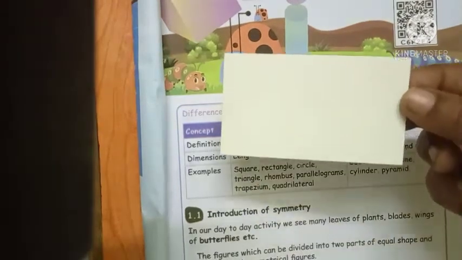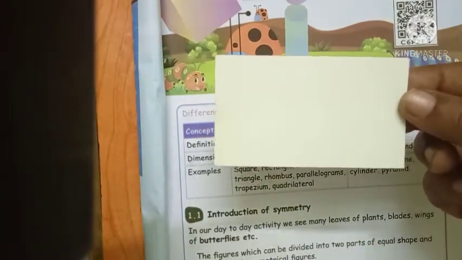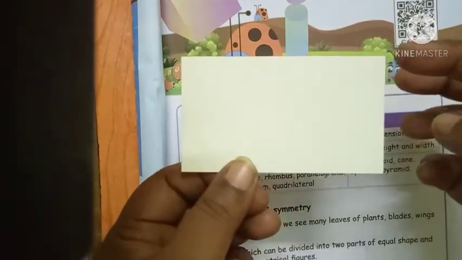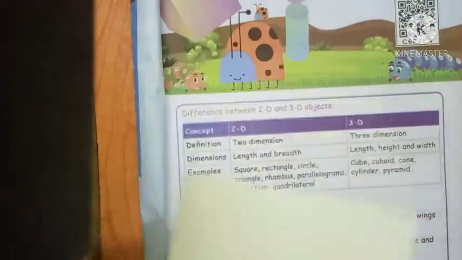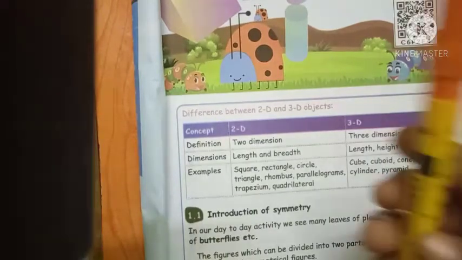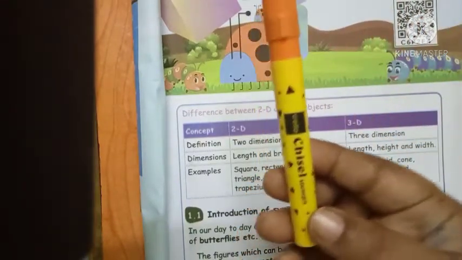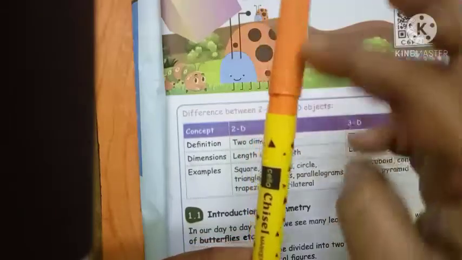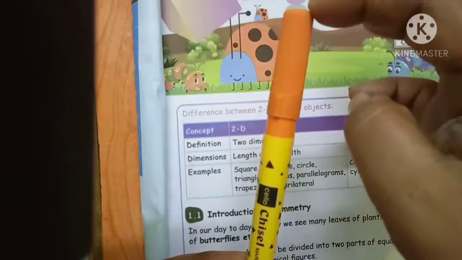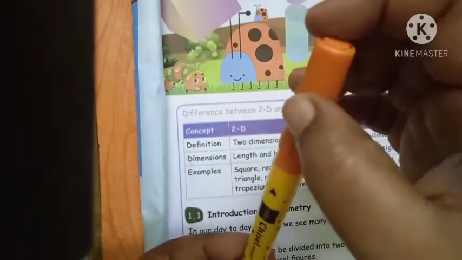So this is the rectangle shape. Here it has breadth and length, only two-dimensional. This is the length, this is the breadth. But here we use the cylinder shape. This one is the length, then here is the breadth.